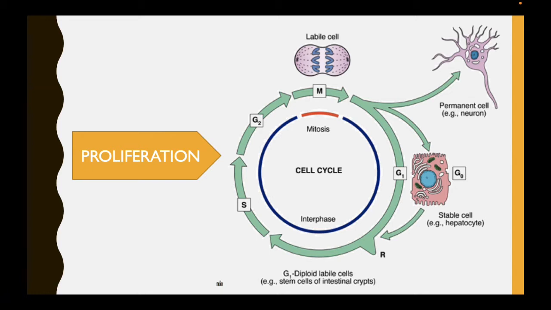And the next type of cell is the stable cell. So if we have one end being the permanent cell and the other end being the labile cell, then stable cells come in the middle. So stable cells can be anything from connective tissue, the liver and renal parenchyma, the exocrine and endocrine glands. So here we can see the example of hepatocyte that is mentioned.